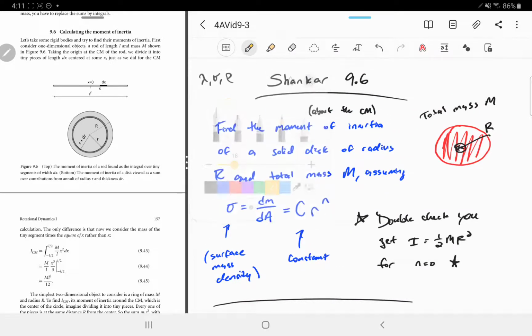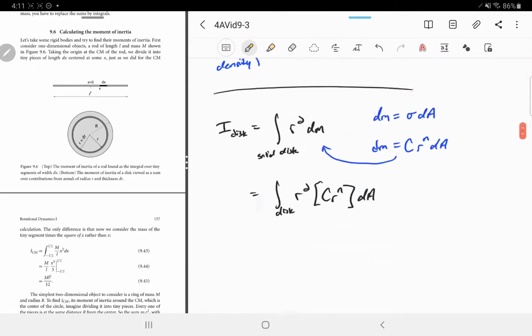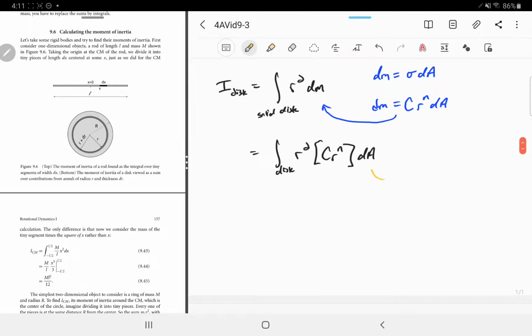So what you want to do is split up the disk into a bunch of little rings, where the ring is at some radius, lowercase r, and has thickness dr. So the area of this thing is dA equals the circumference times dr, which will be 2 pi r dr. And I'll plug that in here, so dA is 2 pi r dr.